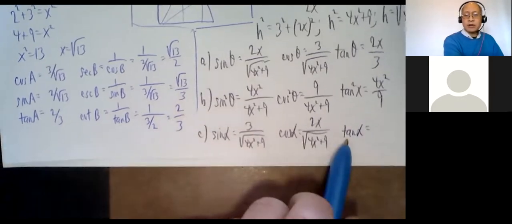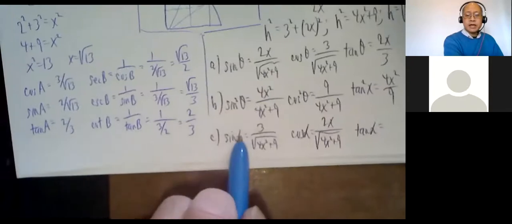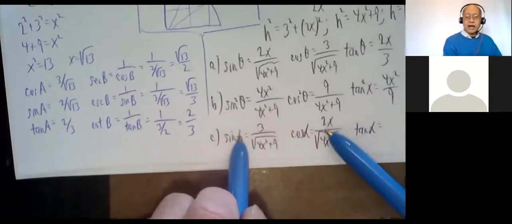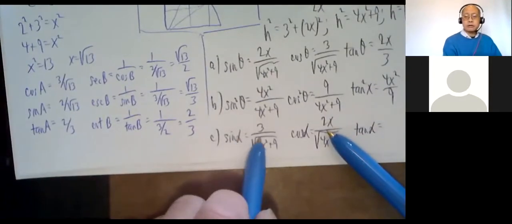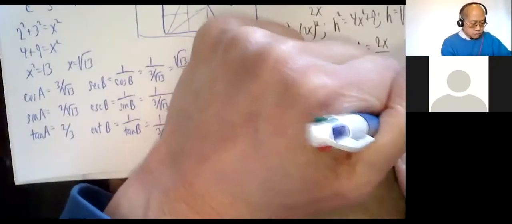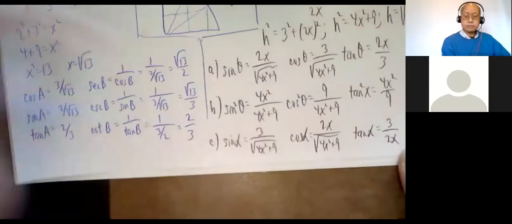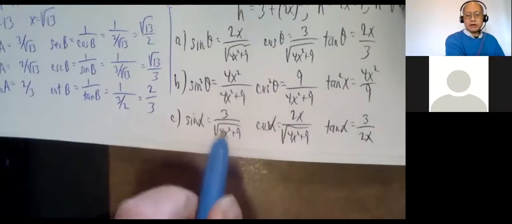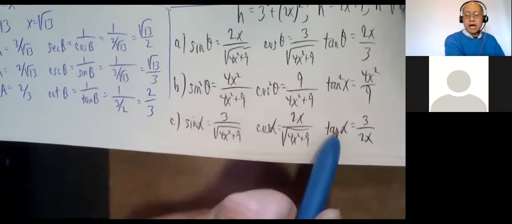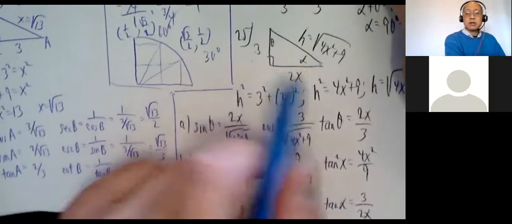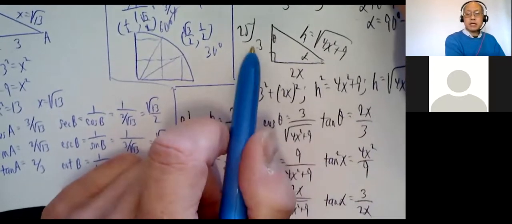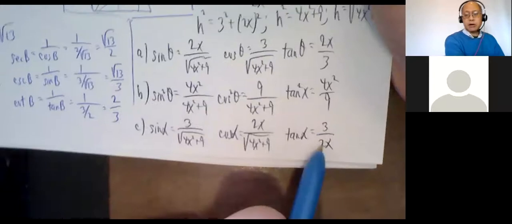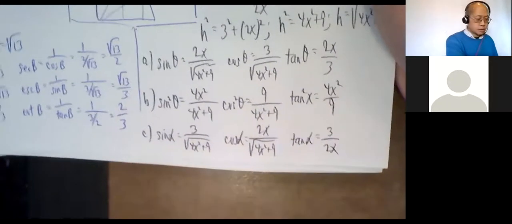And tangent of alpha, sine over cosine, forget the radical, 3 over 2x. Or alternatively, you don't even have to look at the radical. Tangent is opposite over adjacent. So alpha opposite is 3, adjacent is 2x, so 3 over 2x. So we get the same answer as you can see.